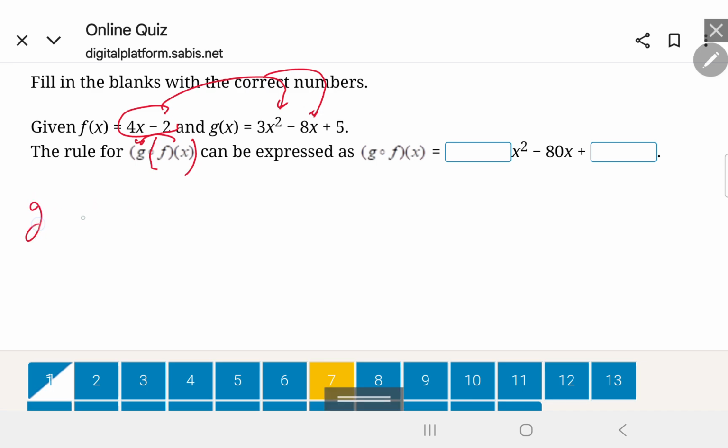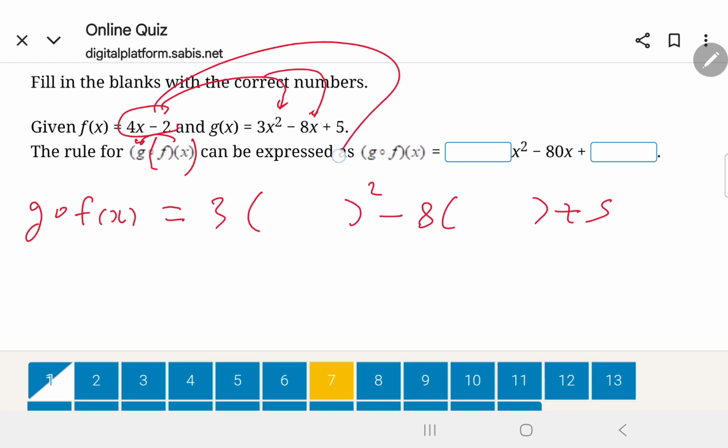So you get G circle F of x is equal to 3 open bracket minus 8 open bracket plus 5. Then you plug this amount in the bracket here. So you get 4x minus 2, 4x minus 2.